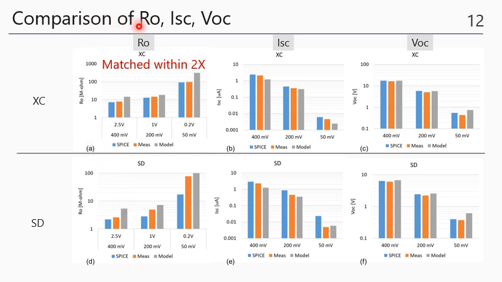This is a comparison of RO, short circuit current and open circuit voltage for the XC and SD. And so the model is shown by gray. The RO is matched within 2x.